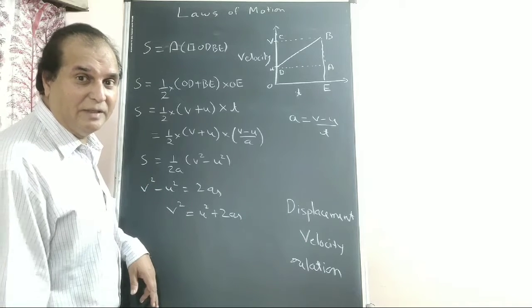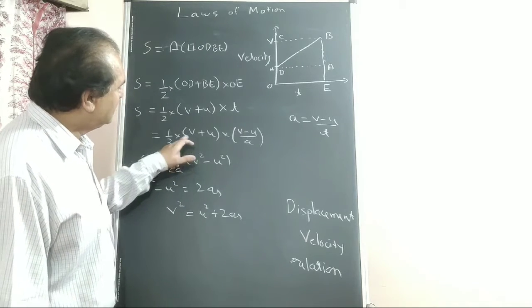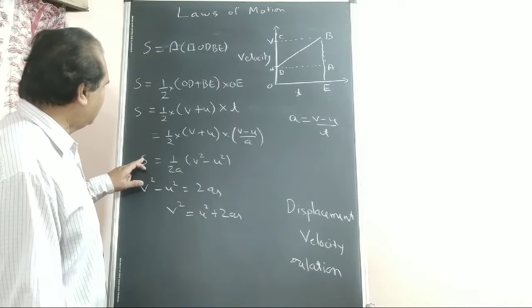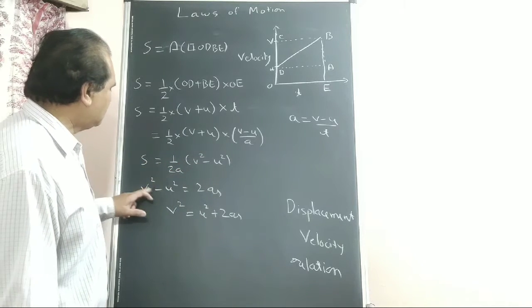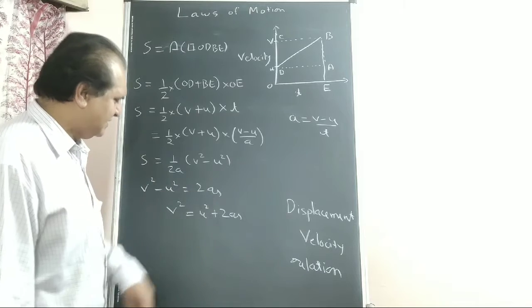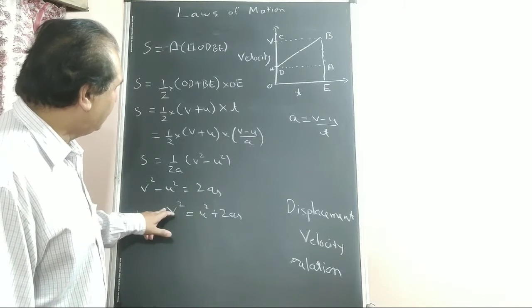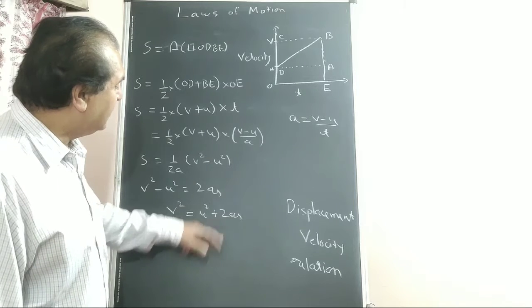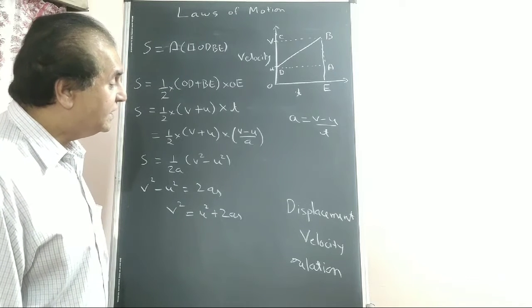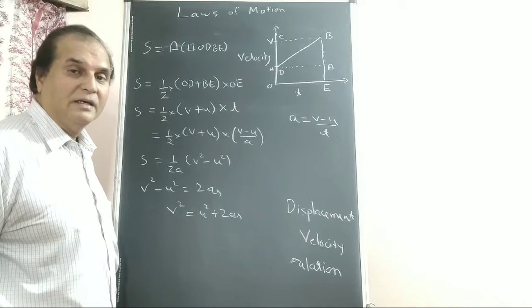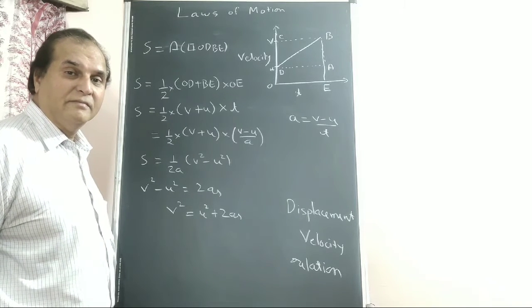The identity (a plus b)(a minus b) is a square minus b square. So (v plus u)(v minus u) is v square minus u square. 2a we are shifting here. So v square minus u square equals 2as. Minus u square shifting this side will become plus u square. v square equals u square plus 2as. This is the displacement-velocity relation, the third kinematic equation. Understood?